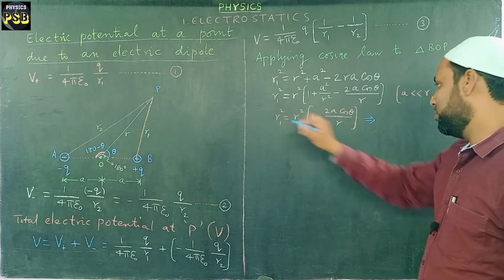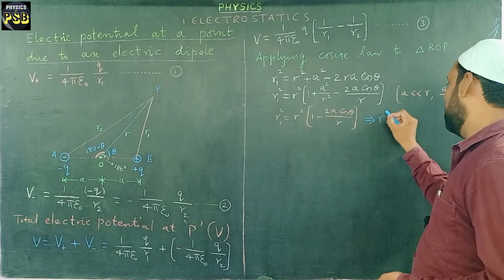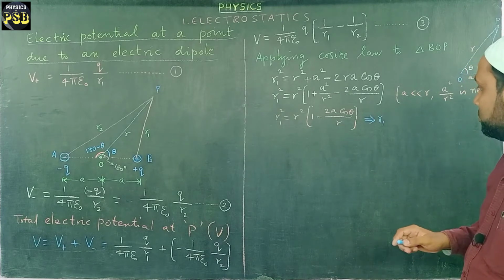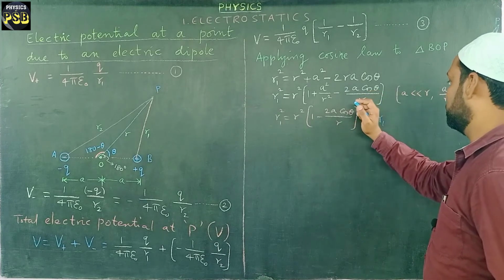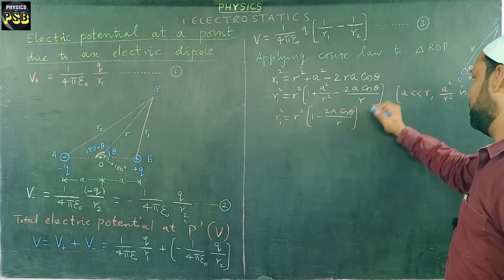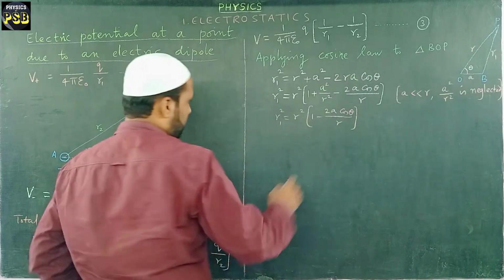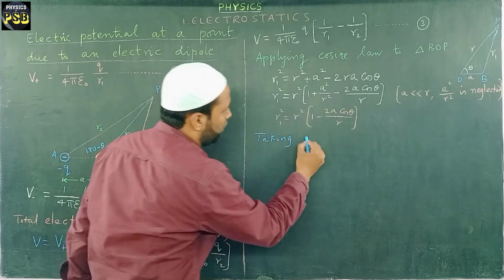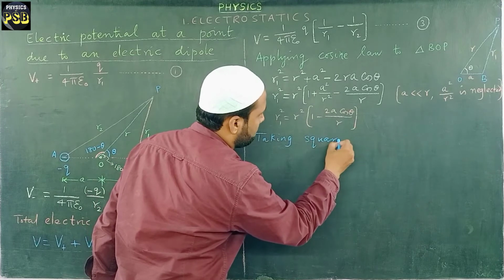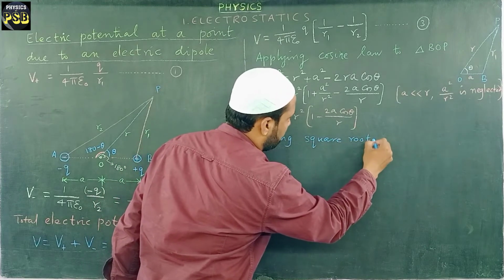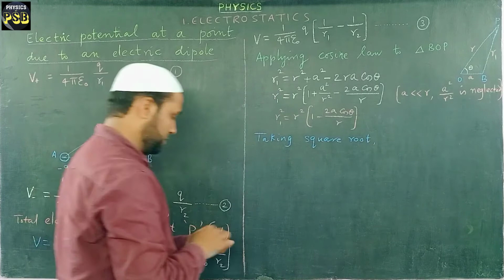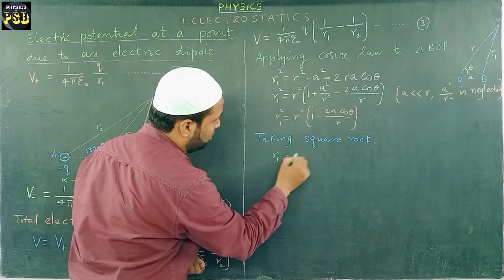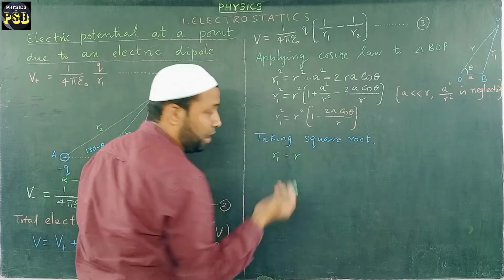So what will I get? R1 square will become R1 and r square will become r.